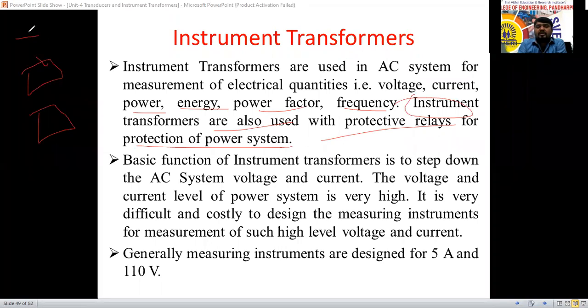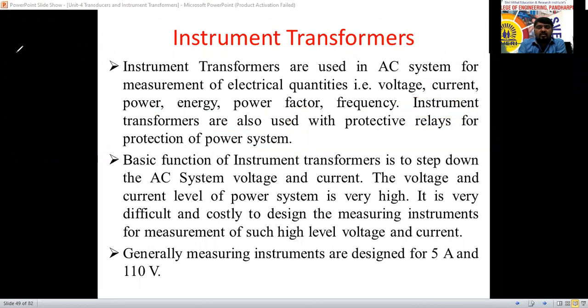To measure the voltage and current, I will give one example. Suppose at a nearby substation you have a 440 kV supply. How are you going to measure this 440 kV? Is it possible to measure 440 kV?